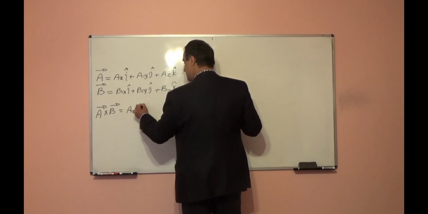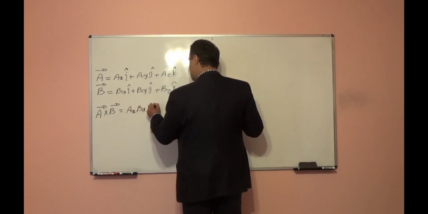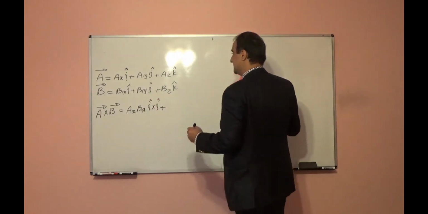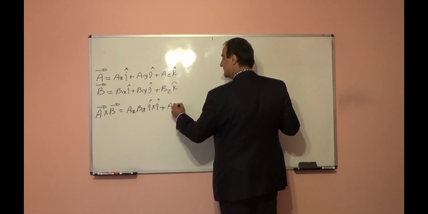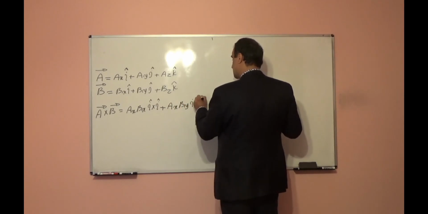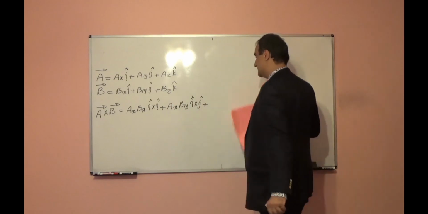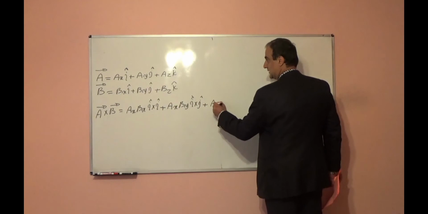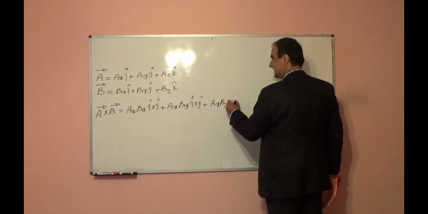AX BX i cross i plus AX BY i cross j plus AX BZ i cross k.